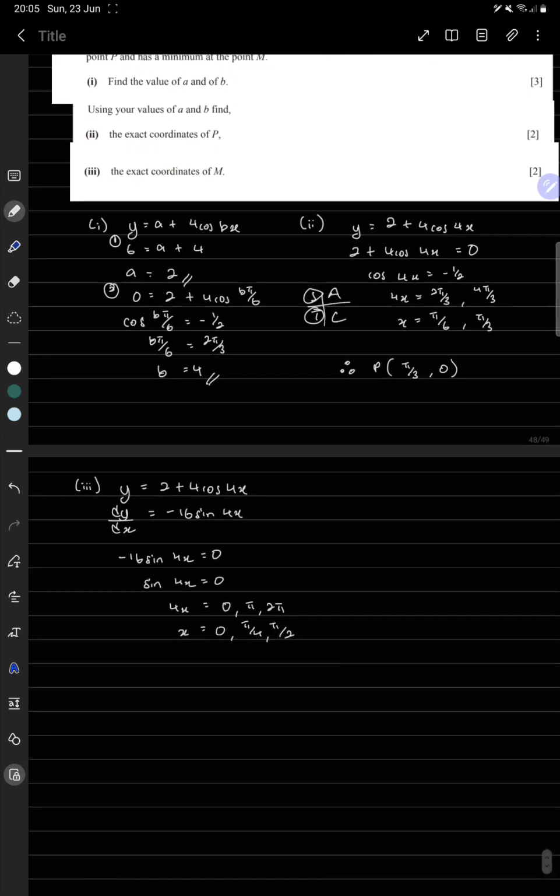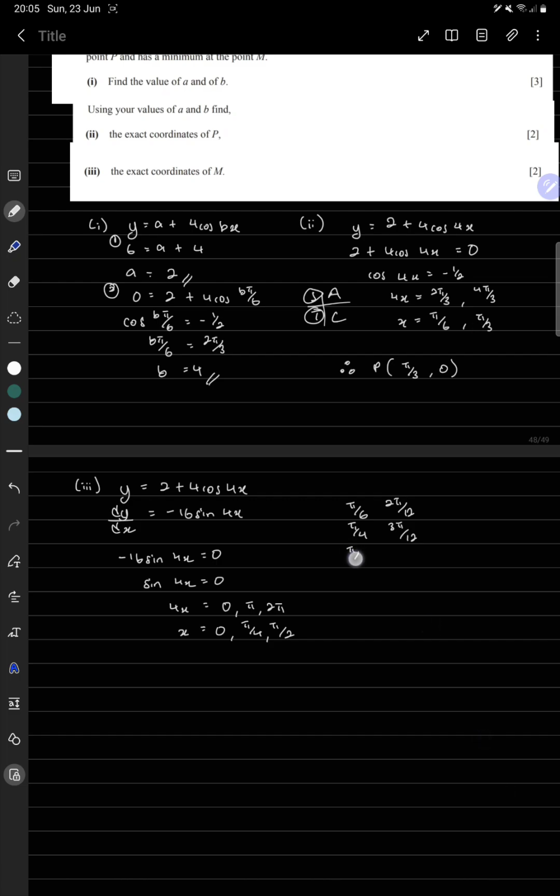By checking this, let's try to make everything over 12. So pi over 6 becomes 2 pi over 12, and for pi over 4, multiplied by 3, we have 3 pi over 12. Now let's double check that it doesn't exceed pi over 3.